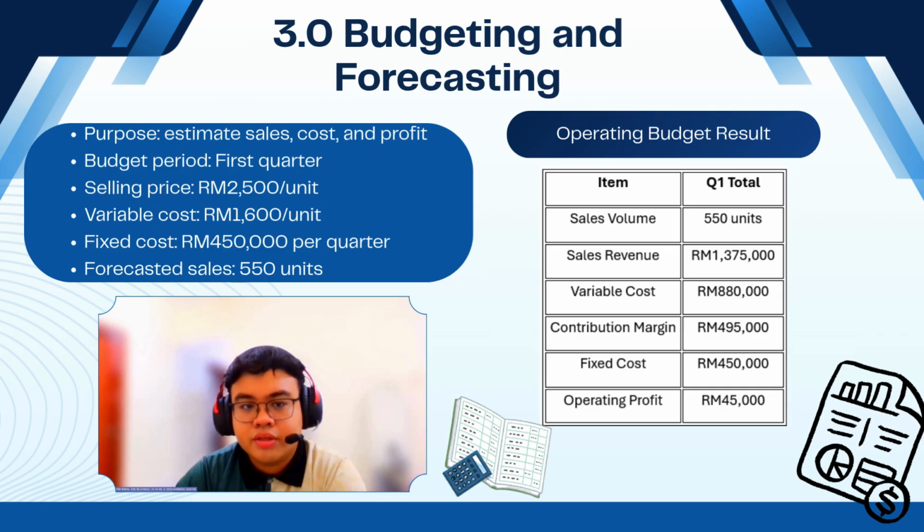For the operating budget result, based on the operating budget, Inotech is expected to sell 550 HVAC units in the first quarter. This will generate total sales revenue of 1,375,000 after deducting the total variable cost of 880,000.